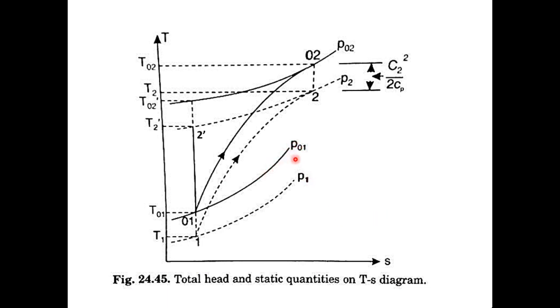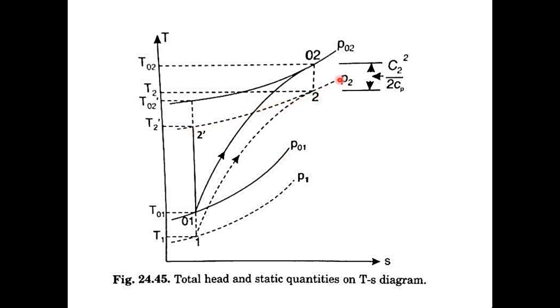Then 01 and 02, you can see those are the stagnation conditions for the states 1 and 2 respectively. Now you can see how the pressure varies. This P1 passing through state 1 is the constant pressure line. So wherever you pick on this dotted line, you will have the same pressure, that is P1.